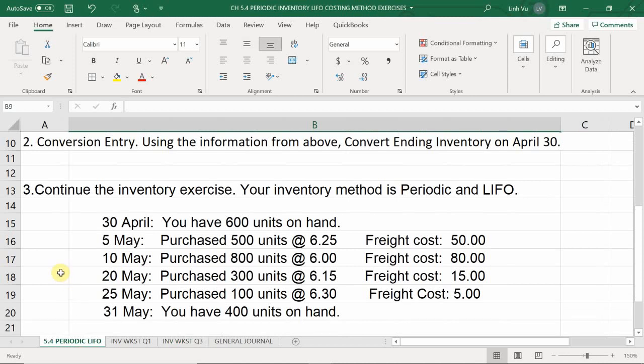So then on May 5th, oh wait, we just did that one. May 10, we end up purchasing an additional 800 units at $6 each with a freight cost of $80. Okay.